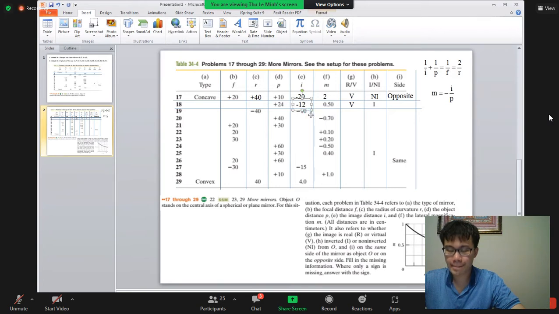According to my calculation, 1/f equals 1/24, right? Yes, 24. Positive or negative? Negative. Negative 24. Because this is a convex mirror.